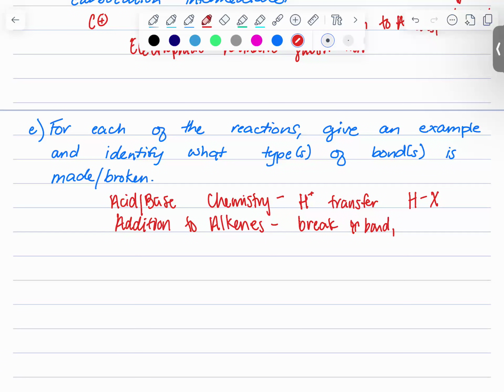And then what kind of bonds will we make when we do an addition to an alkene? Yes, sigma bonds, but what atom will always participate? Carbon.